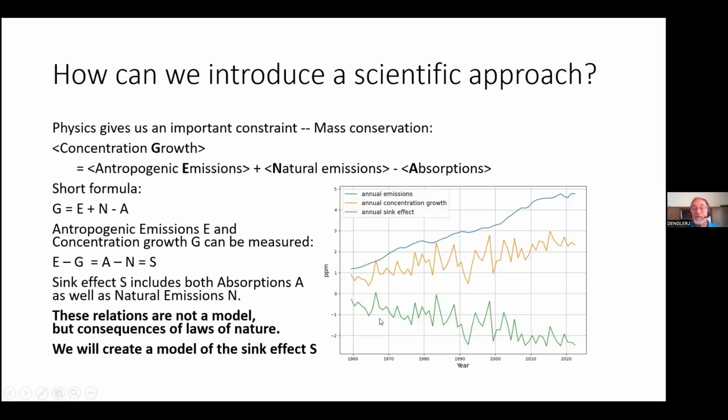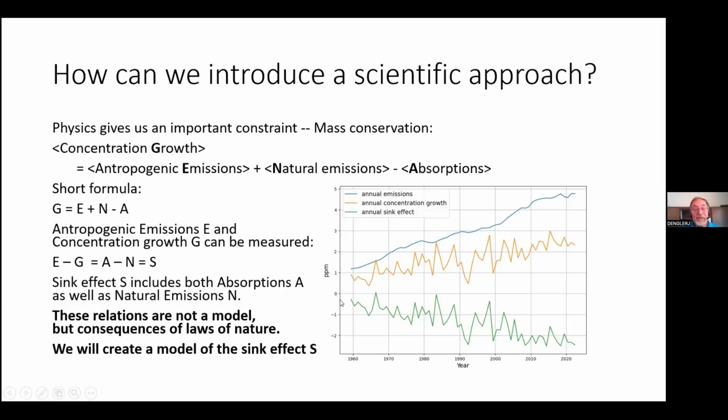To avoid any misunderstanding, when I used this picture before, someone said, but your sink effect is going down. No, it's not. It's going up, because here we have a negative scale on the left. I only have drawn it like that because otherwise it would get mixed up with the concentration growth, and the picture would be confusing. Just for the clarity of the picture, the sink effect is drawn with a negative scale.